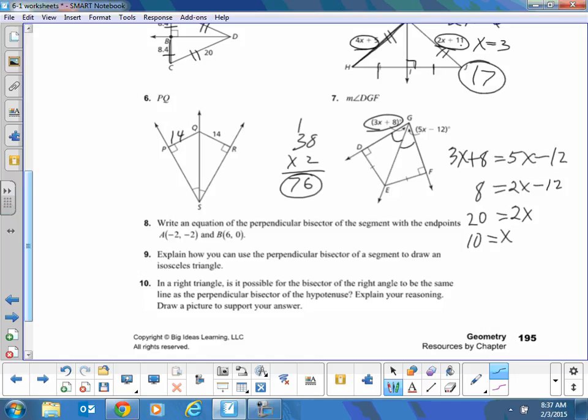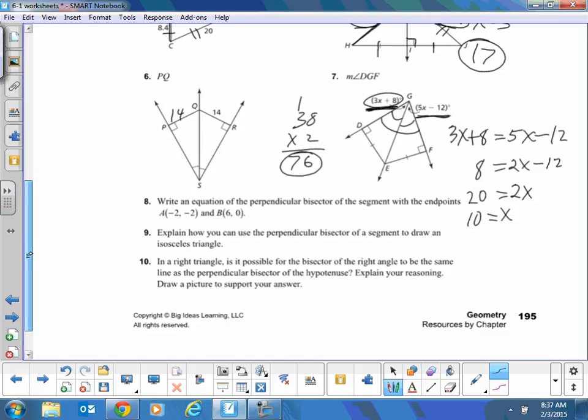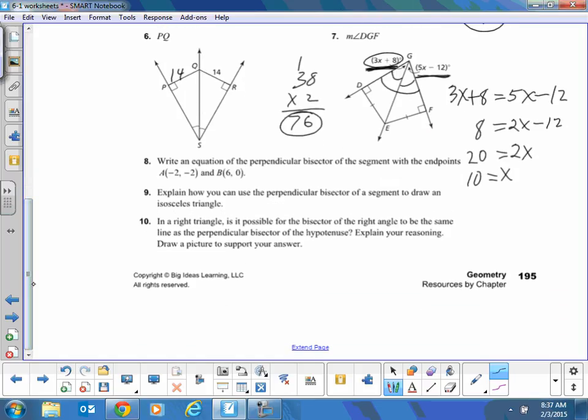Is that 38 times 2? I totally missed what just happened. Wait, so 76 is the answer? Yeah, because I plugged in my 10, and I got 38 right here, and this is also 38. So I wanted to know the measurement of the whole angle. You just said a bad word, guys. I don't hear it. Just sitting on this.